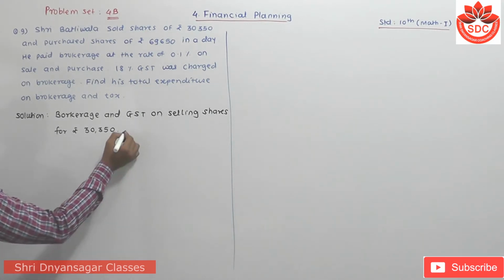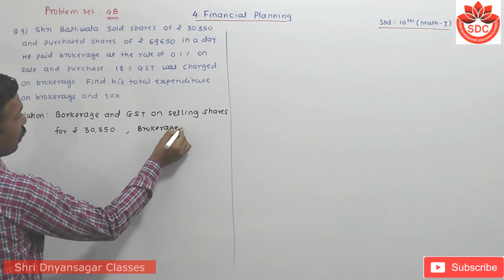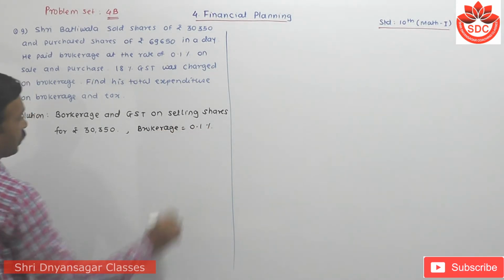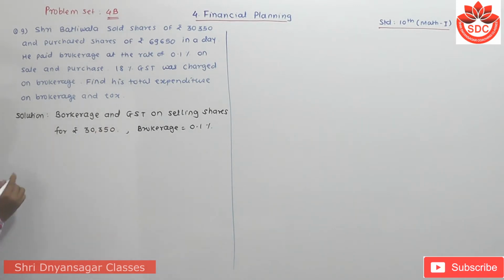Now the brokerage is given here. What is the brokerage? It is 0.1%. Therefore, first I have to find out the brokerage on this amount.